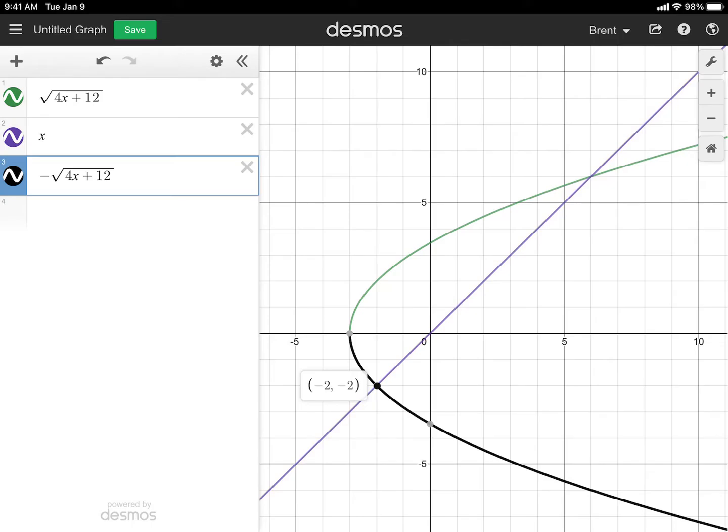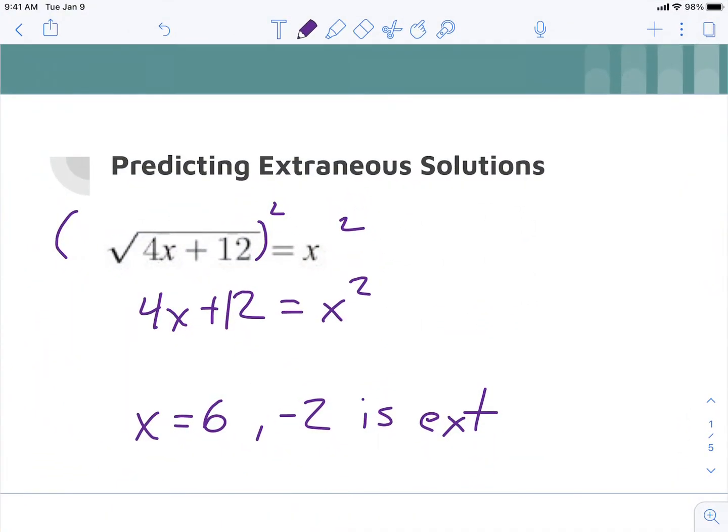So here's why that happens. When we go back to that equation, notice I left a little extra room in front here, because I'm going to put something there in just a second. This represents the positive square root of 4x plus 12. And when I square that, I get 4x plus 12.